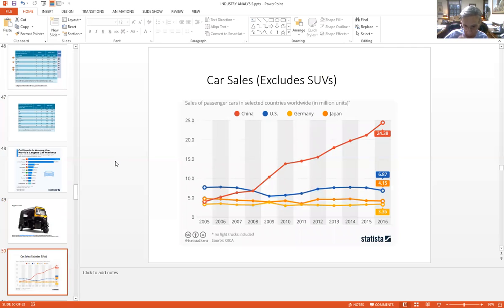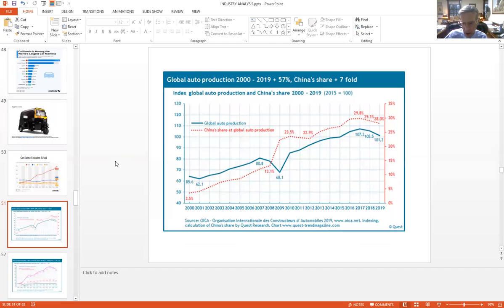So here then is a chart that compares just cars, just sedans. And you can see that the orange line is China, and it's just pulling away from the rest of the world. This chart shows the global production of cars through 2019.